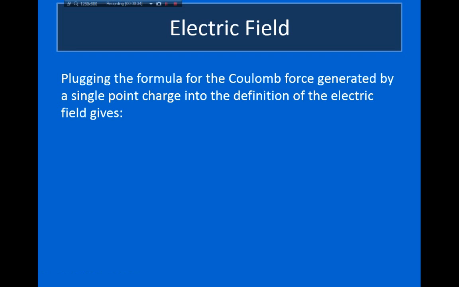So the idea is that if I have some point charge, let me call this Q1, and I want to know the electric field that is created by this charge, well, it's going to be equal to the force that would be exerted on a test charge, we call this Q2, divided by the charge of this test charge. So the electric field is equal to the force that would be exerted on charge 2 divided by charge 2.